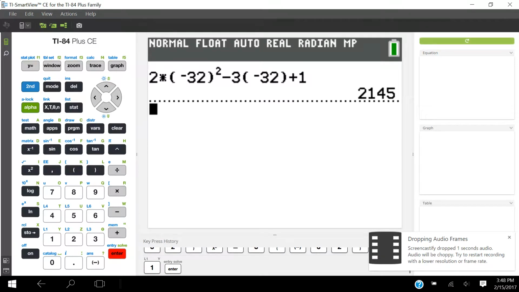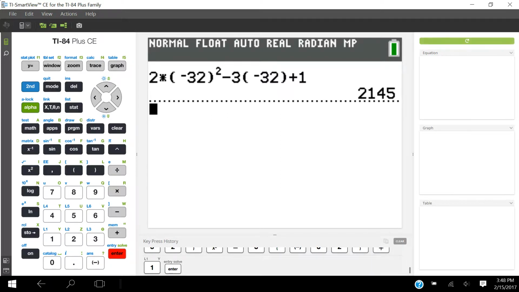All right, and then for the next one, I'm going to put in 2. I'm not even going to do this one. 2 times 1 is 2, minus 3 times 1 is 3, plus 1 is easy. And then for f at 3, I can put in 2 times 3 squared. 3 squared is 9, times 2 is 18, minus 3 times 3, which is 9, plus 1, and that's 10, but I'll do that in a second.